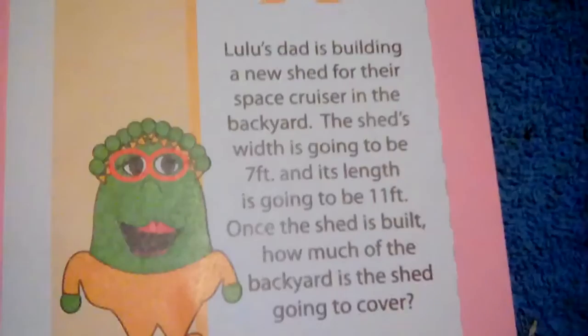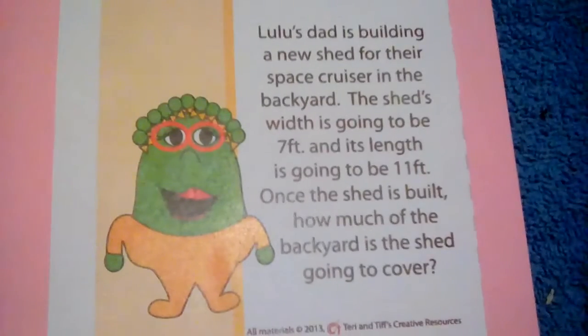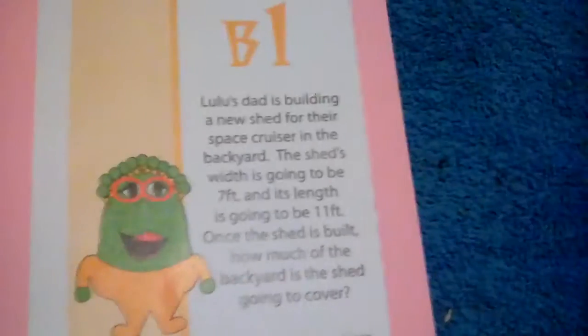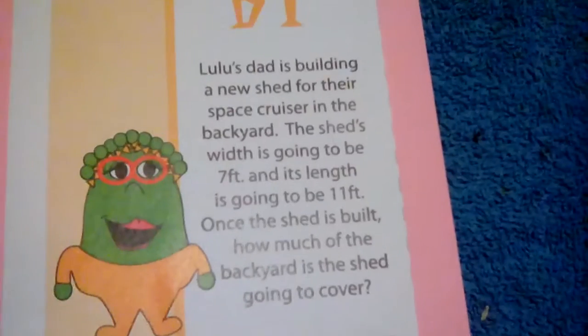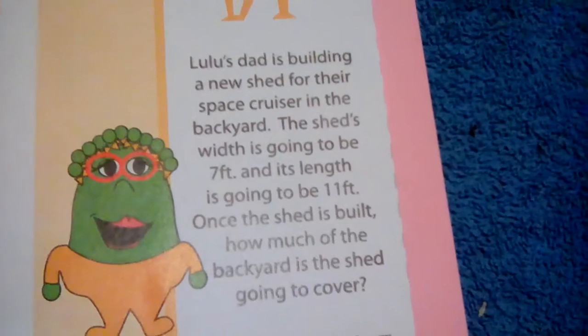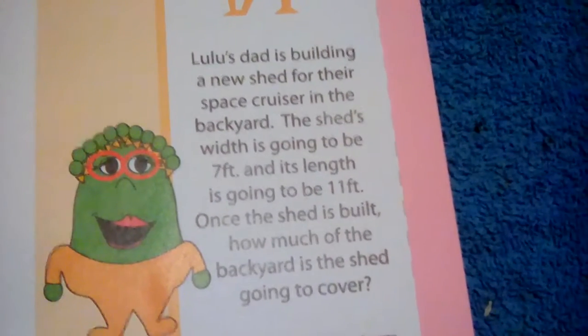All right, so they have this cool little shed, right? The first thing they said is that the width is going to be 7 feet. Its length is going to be 11 feet.